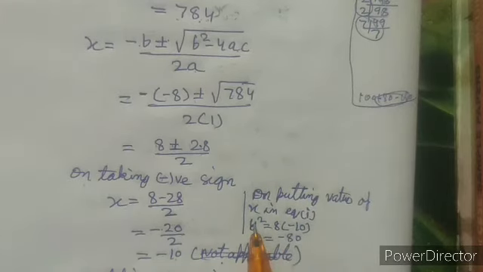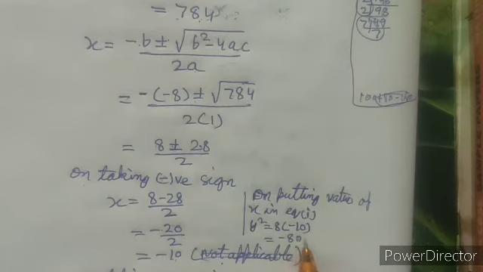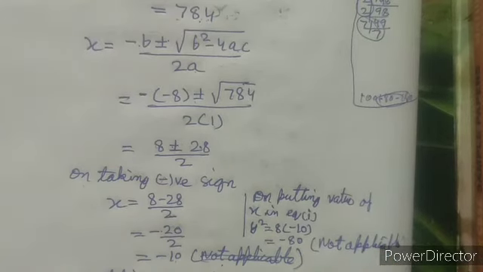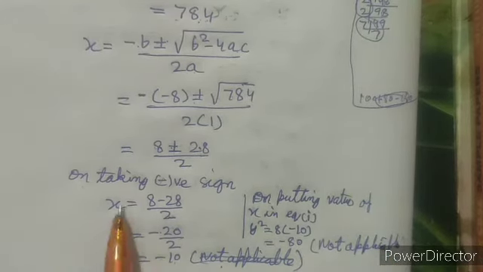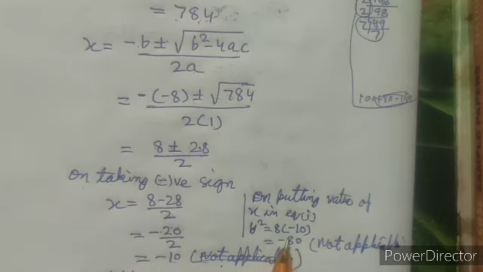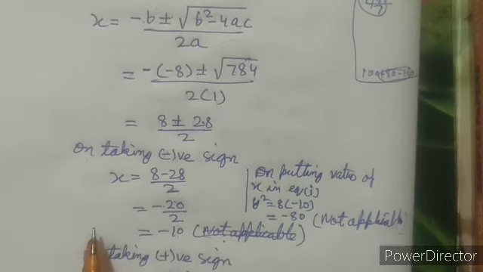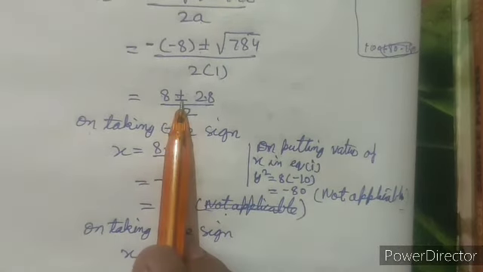As the square of a number cannot be negative, we can say that this result is not applicable. So after taking the negative sign, the result will not be the answer of the given situation. So we will take the positive sign now.